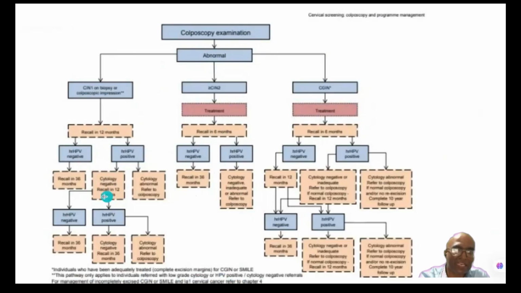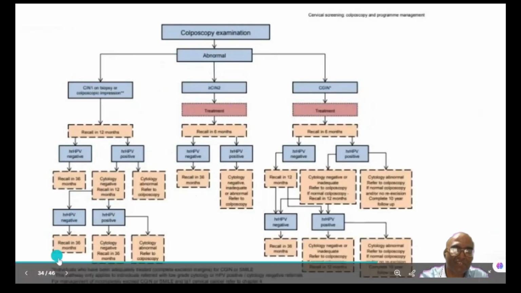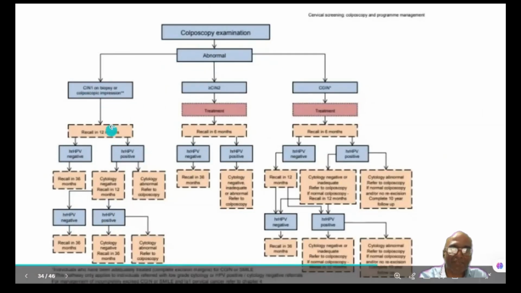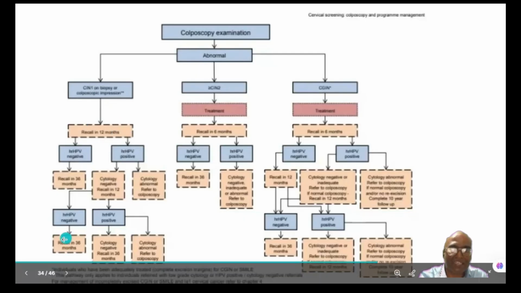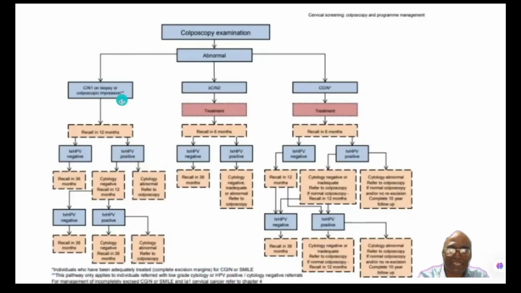In 12 months, again you see whether HRHPV is negative or not. If it is negative, she will be recalled in 36 months. Remember, the final recall is always in 36 months. So CIN1, you don't treat, you don't go for excision. You keep them for follow-up. You call her again in 12 months.